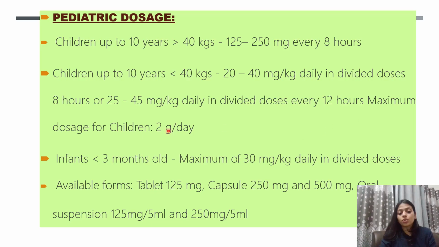And the maximum dose for children is 2 grams per day, not more than that. And in infants who are less than 3 months old, a maximum of 30 milligram per kg can be given in divided doses. And the available forms are chewable tablets 125 milligram, then capsule 250 milligram, 500 milligram, and oral suspension of 125 milligram per 5 ml and 250 milligram per 5 ml.